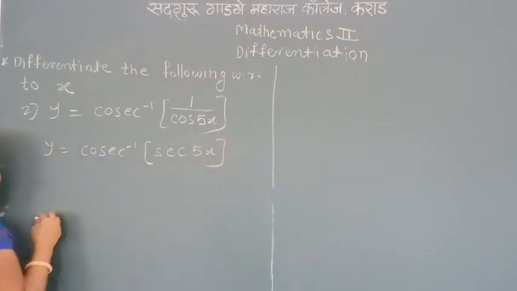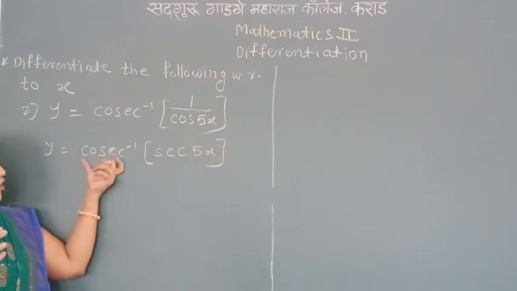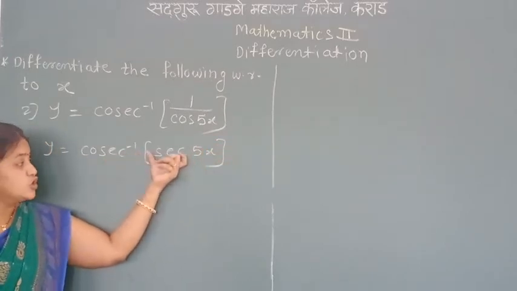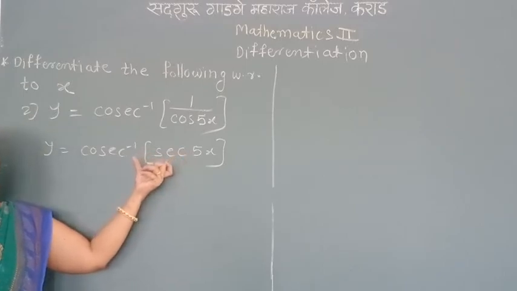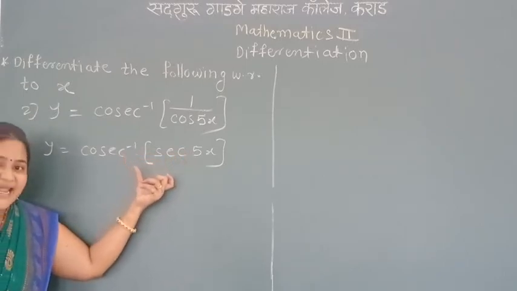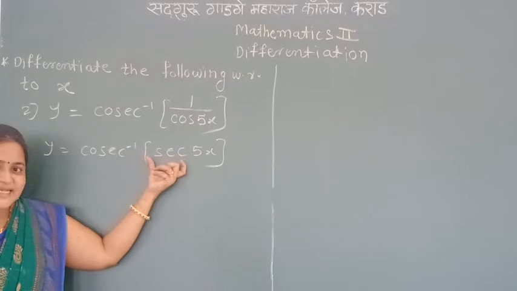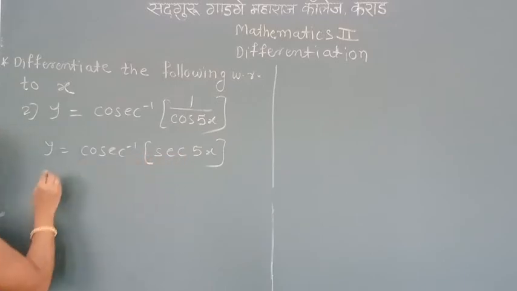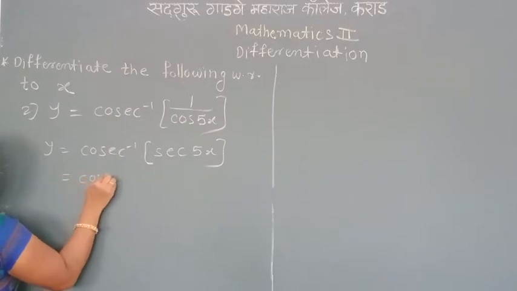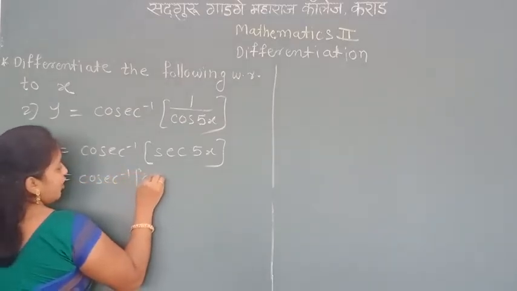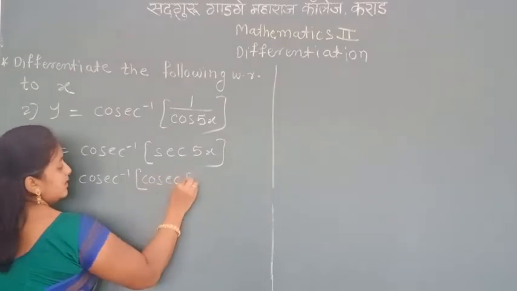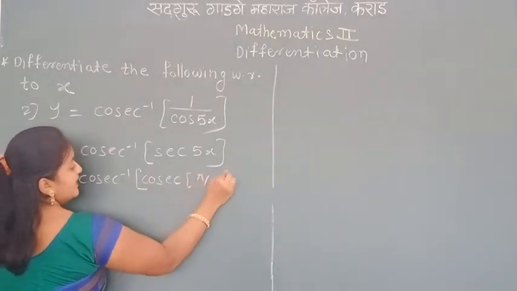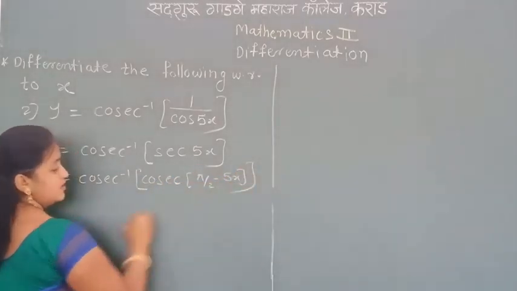Now we know that sec can be converted using the allied angle formula into cosec of (pi by 2 minus 5x). So this is cosec inverse of cosec (pi by 2 minus 5x).